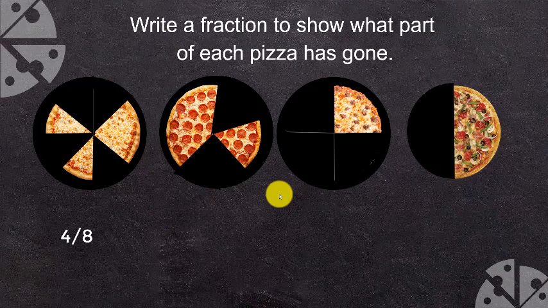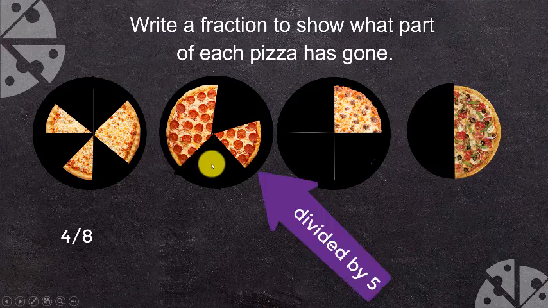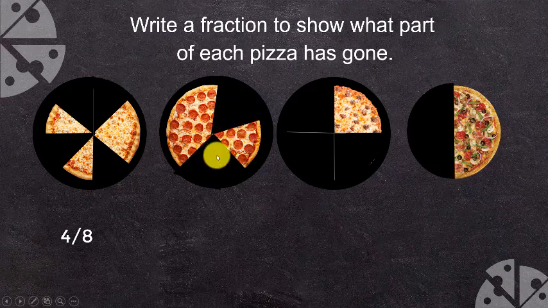The next example, my pizza is divided into, let me see how many parts, 1, 2, 3, 4, 5. 5 parts. And there are 2 slices of the 5. 2 over 5, or 2/5.